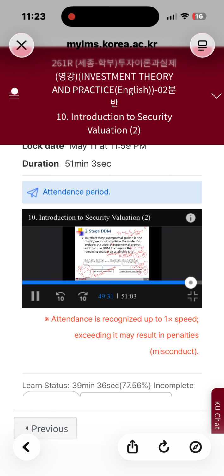So this is the value at time 2. So once more, you have to discount it, by dividing this value by 1 plus the required rate. Since this is the value at time 2, you have to discount it over 2 periods.